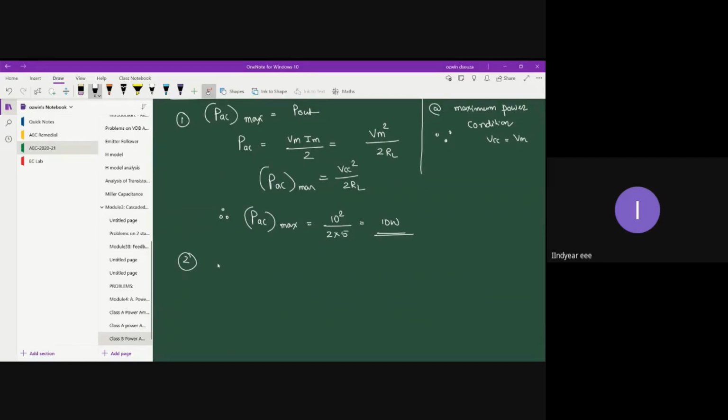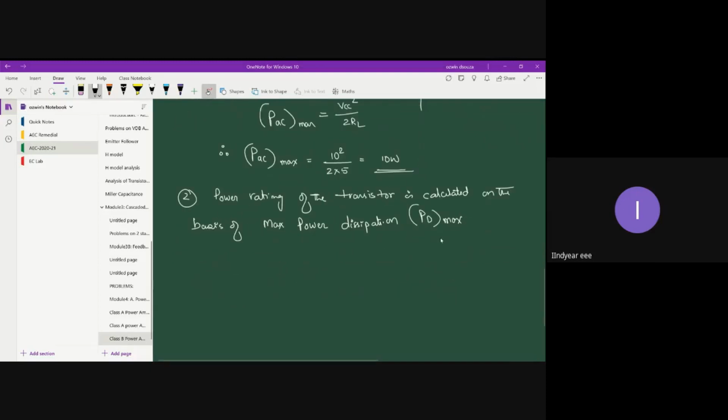So let me write: power rating of the transistor is calculated on the basis of maximum power dissipation. In other words, PD maximum. So how do you find this PD maximum?